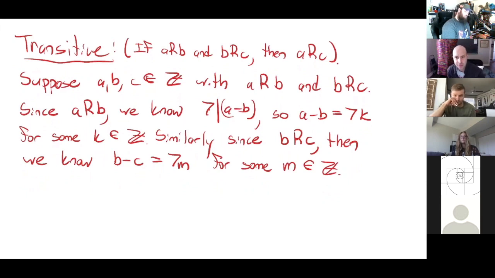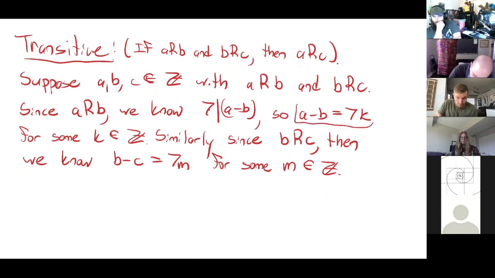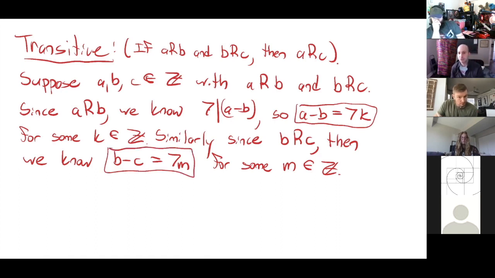Any questions about why I started with this first assumption and then how I was able to go from that assumption to claim that this and this have to be true?